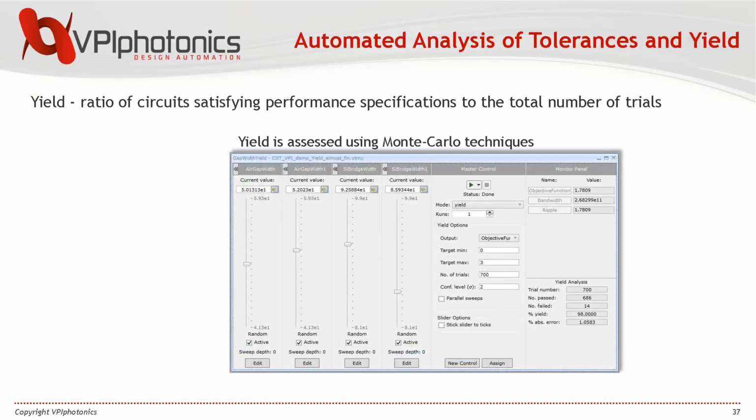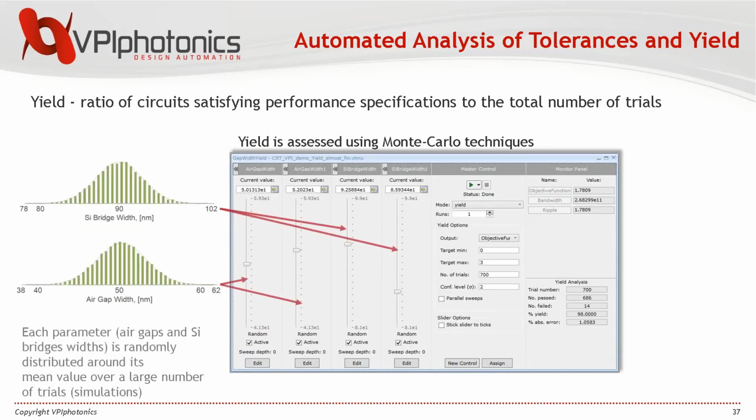And finally, the last example of analysis is a yield estimation. So we can see here an interface tool which we can use. It allows for variation of the parameters, air gap again, and silicon bridge widths.